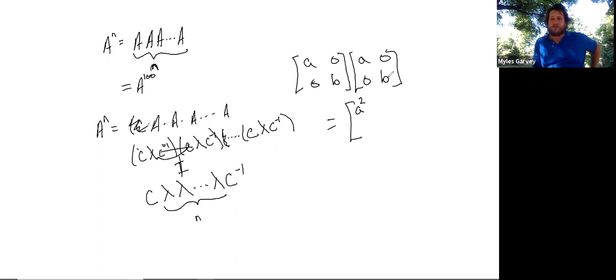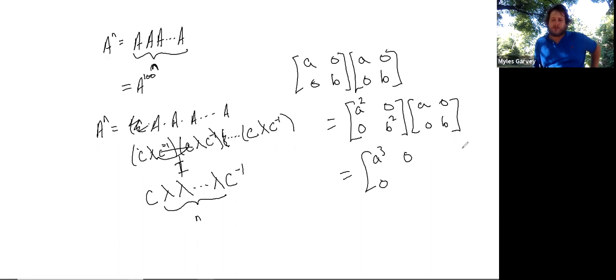A times 0, B times 0, so I get 0. A times 0, B times 0, I get 0. 0 times 0 plus B times B, which is B squared. And if I multiply that again times A, 0, 0, B, you'll notice that I get A cubed, 0, 0, B cubed.